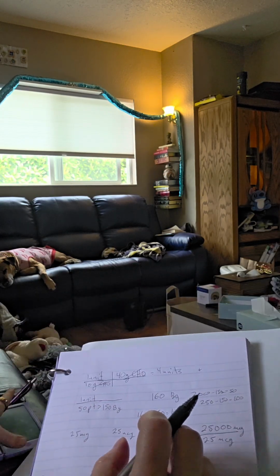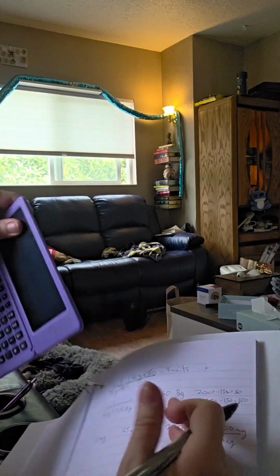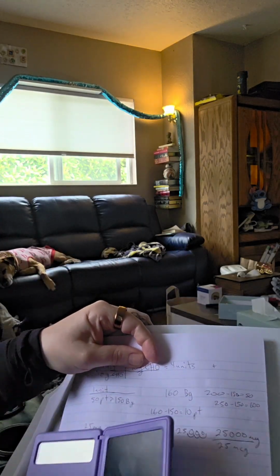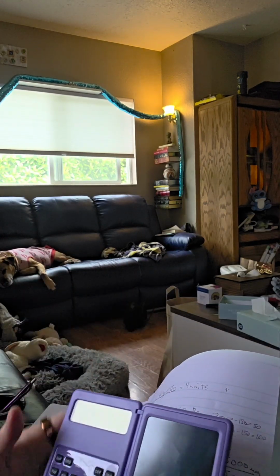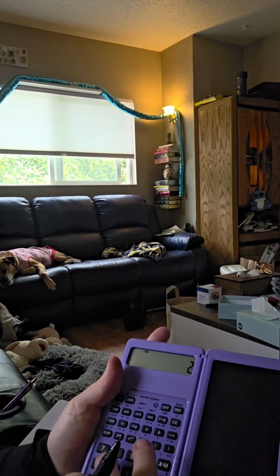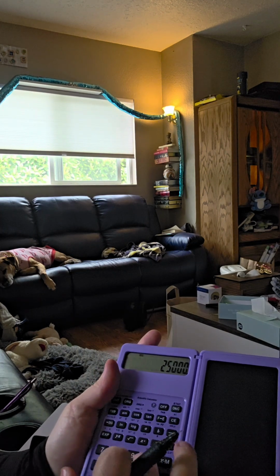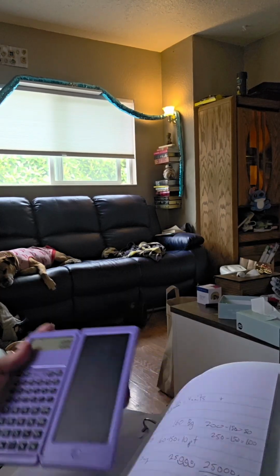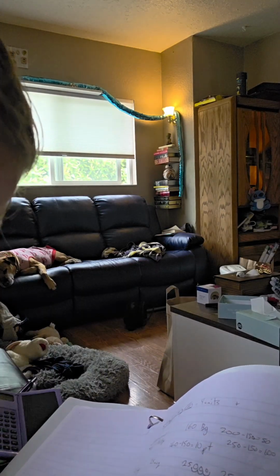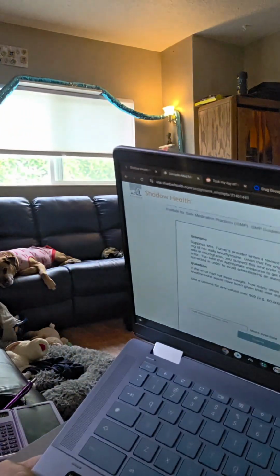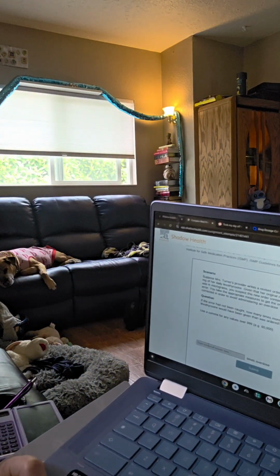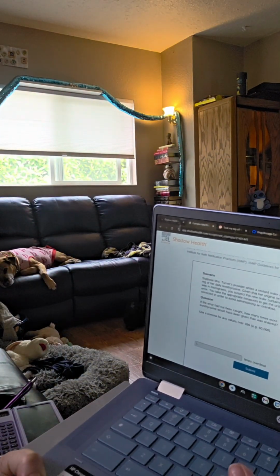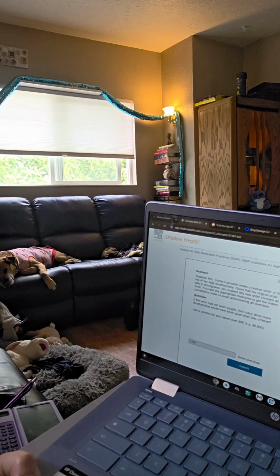So let's do the math on that one. How many times does 25 go into 25,000? 25,000 divided by 25 equals 1,000 times. It says use a comma above anything over 999. So let's put it in right here. 1, comma, 0, 0, 0.